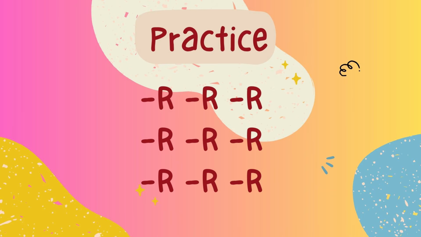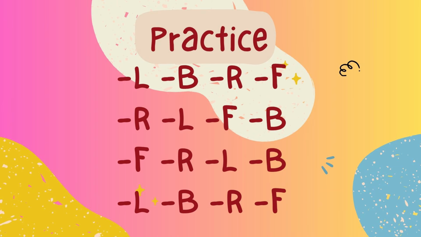Okay, we'll try another practice. At this time, we'll include the previous letters that we have learned. Final L, final B, final R, final F, final R, final L, final F, final B. I hope you were able to write the letters properly without shadows.